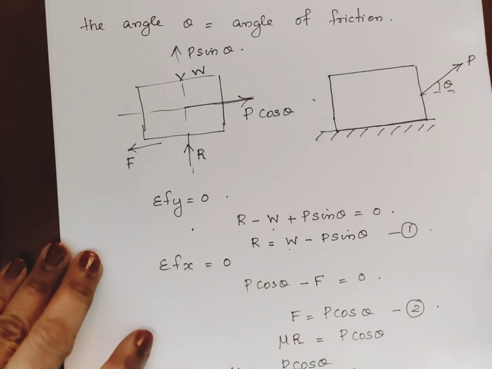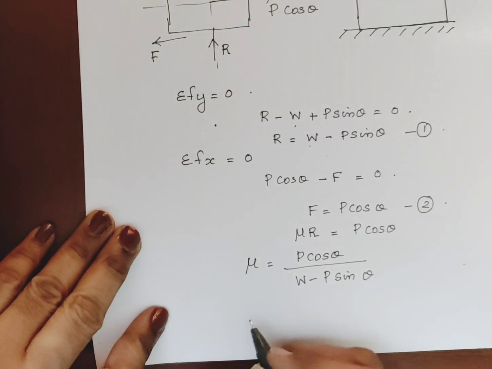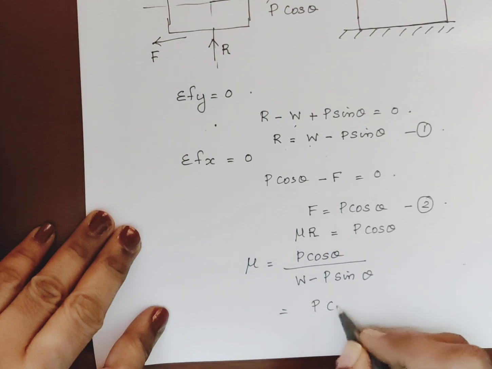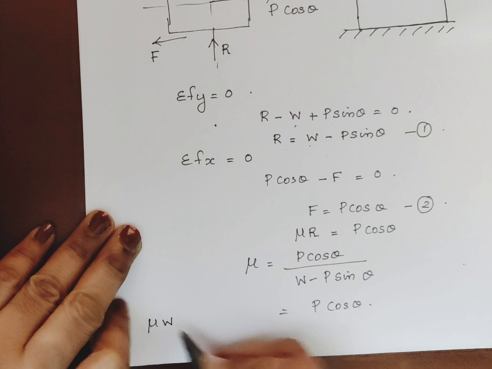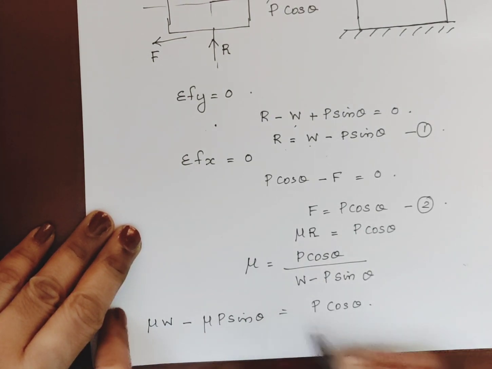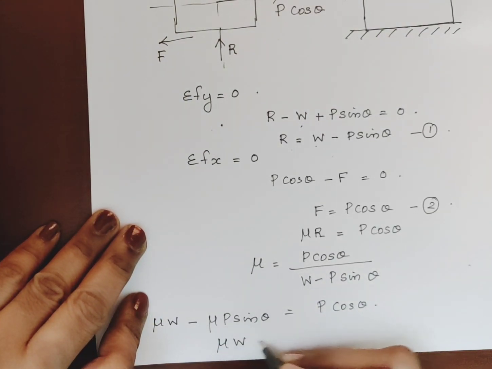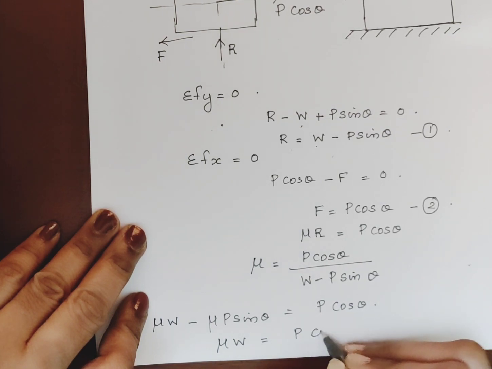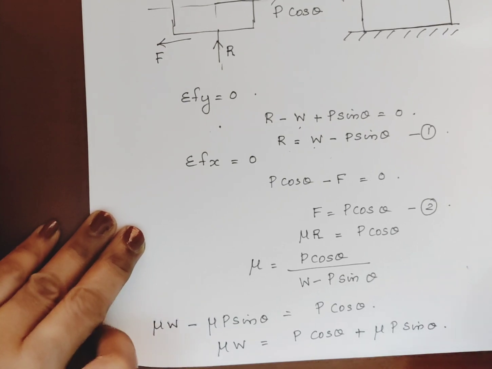So now you have to cross multiply this equation. So on the right side P cos theta, and here you have mu into W minus mu into P sin theta. So now mu W is equal to P cos theta plus mu into P sin theta.